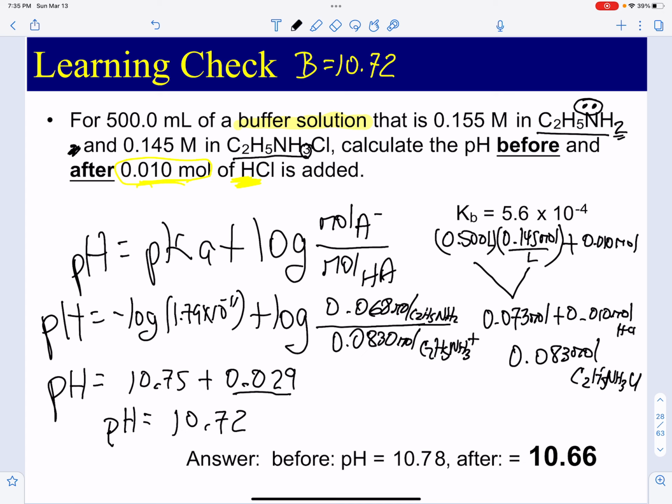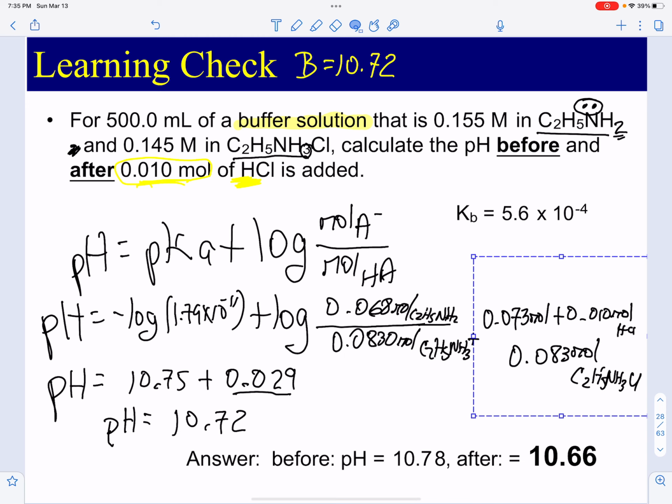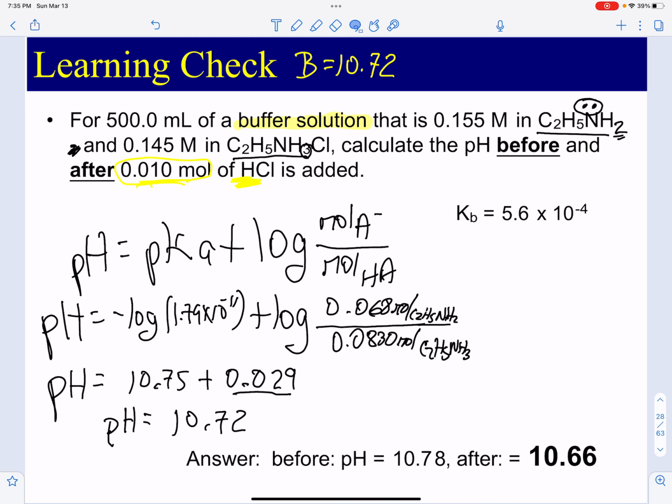So when I do that calculation, what am I going to get? The minus log stays the same. And I'm going to do 0.068 divided by 0.0830.